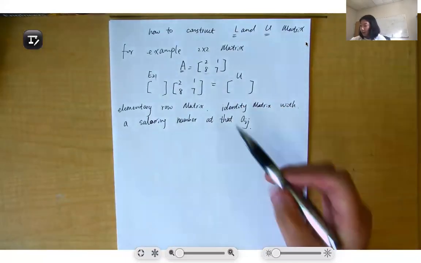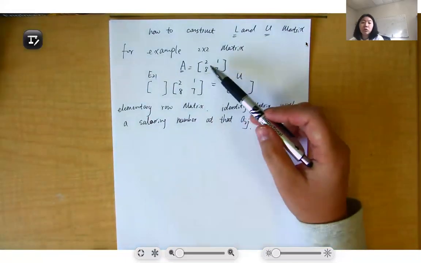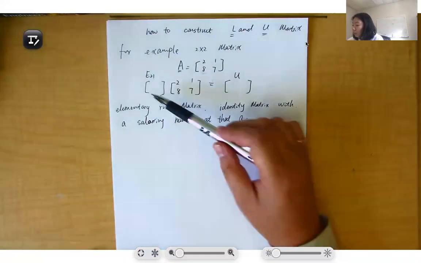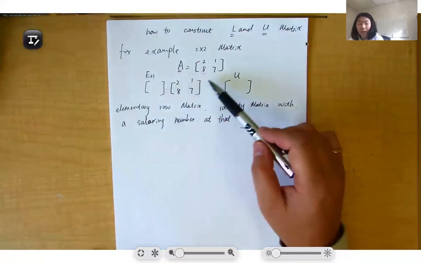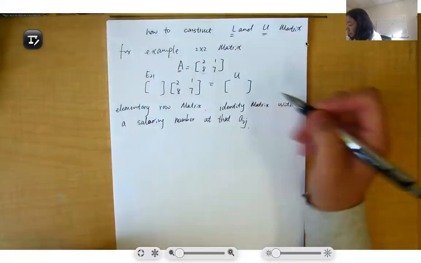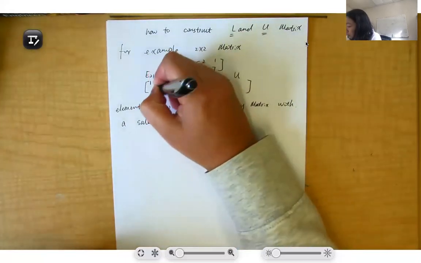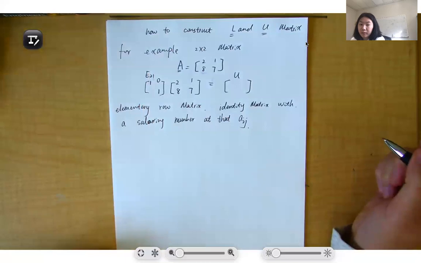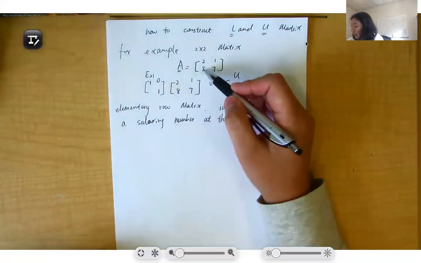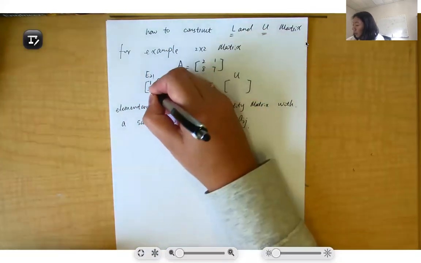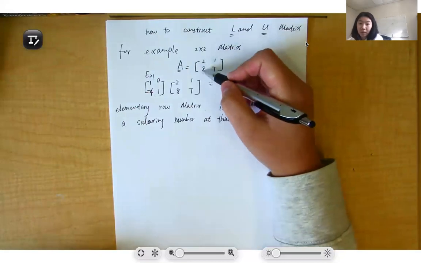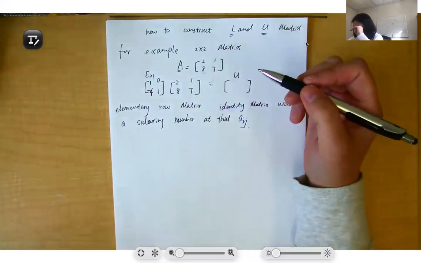So we are trying to eliminate this A21, then we should have our elementary row operator E21 here with a scaling parameter to eliminate this 8. So the other elements will be identity matrix, which is 1, 1, 0 here. And this number has to eliminate this 8, so it should be negative 4, times 2 will be negative 8, added to this 8 will be 0. So that is the elementary row matrix.